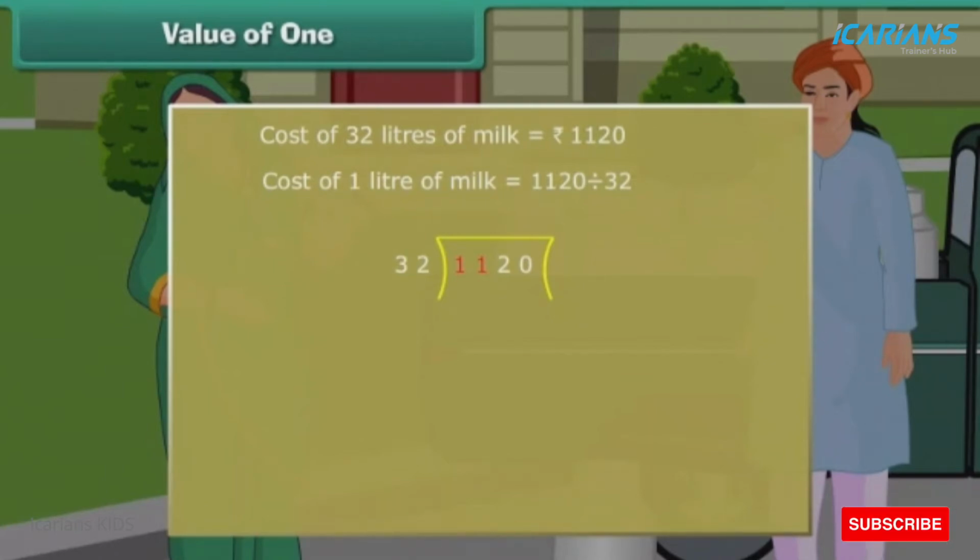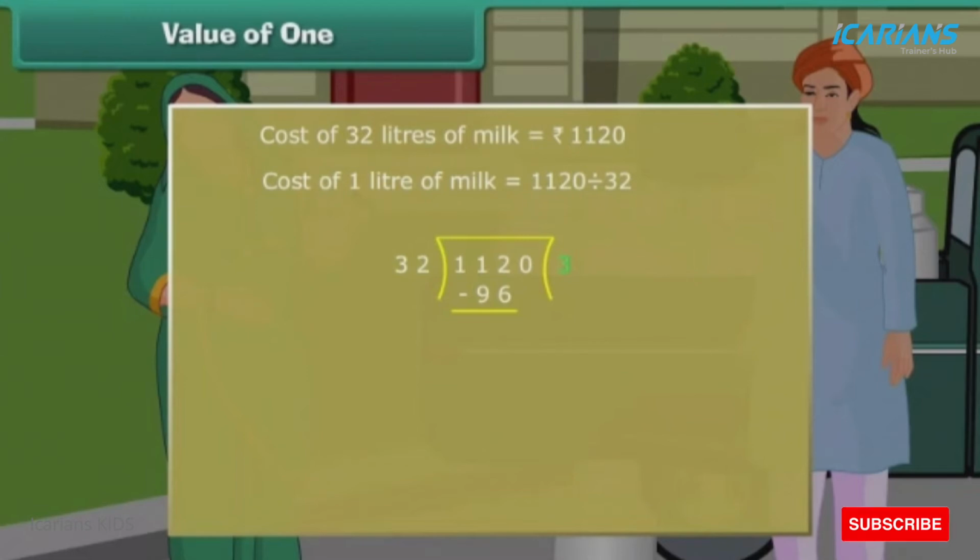Now consider the first three digits together, 112. 112 is big enough to hold 3 times 32, that is 96.